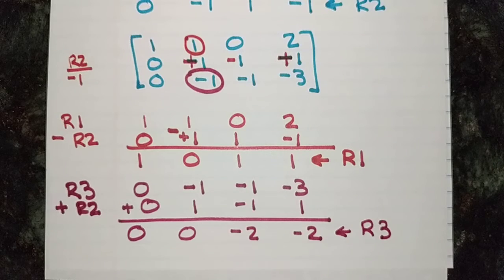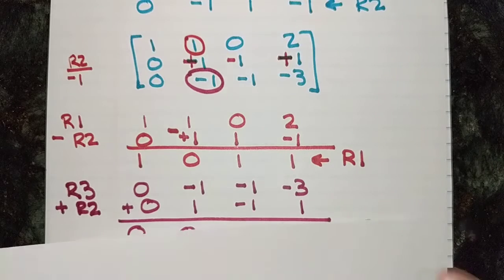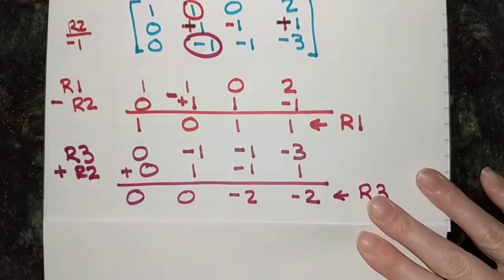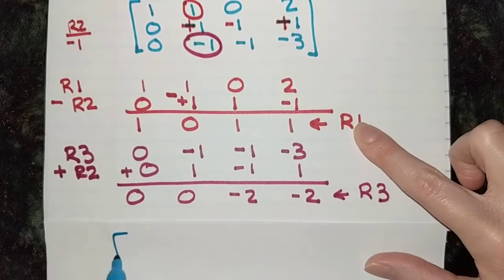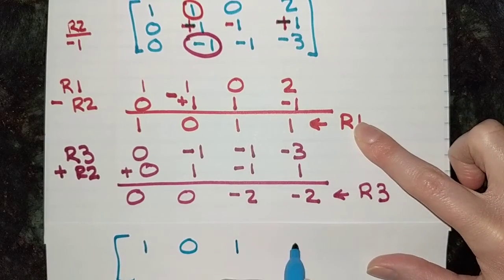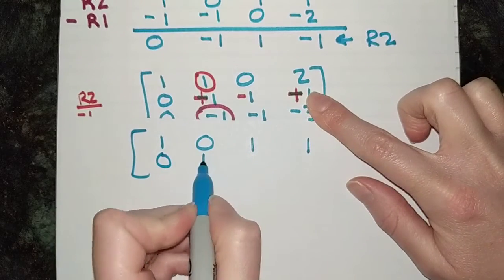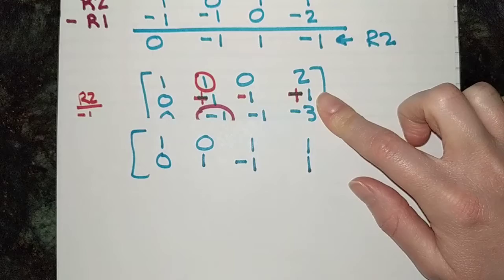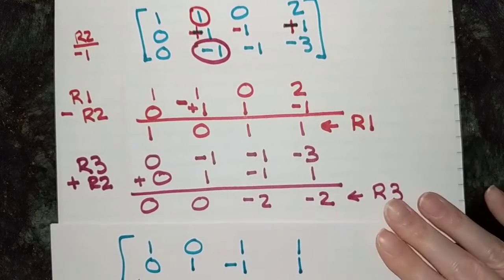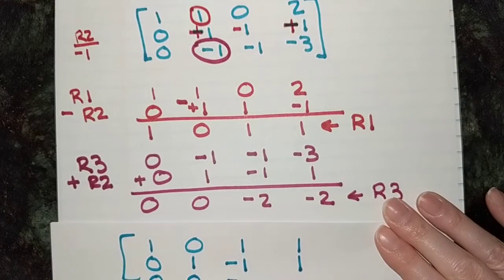Okay. So we'll put those together. So row 1 is now going to be this guy. So 1, 0, 1, 1. Row 2 is 0, 1, -1, 1. And then row 3 is 0, 0, -2, -2.